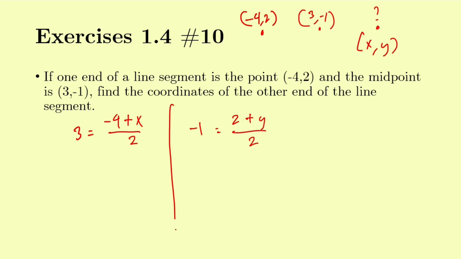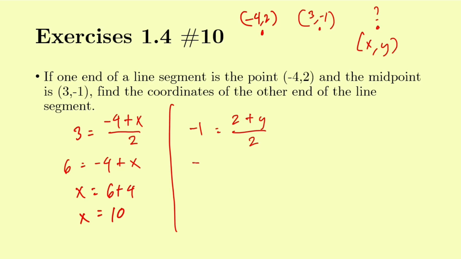On the left side first, let us multiply both sides by 2. So 3 times 2 is 6, which is equal to -4 + x. And then x is equal to 6 + 4, which is equal to 10. So x is 10. On the right side, we will multiply both sides again by 2.